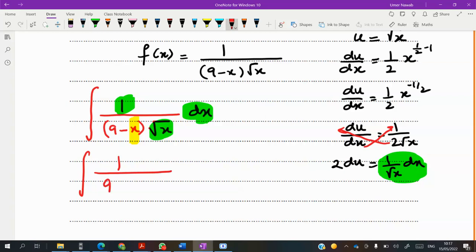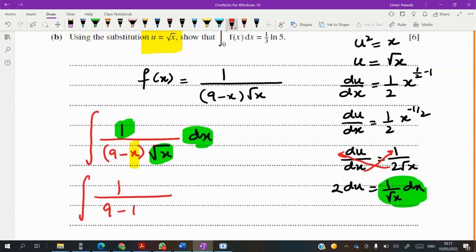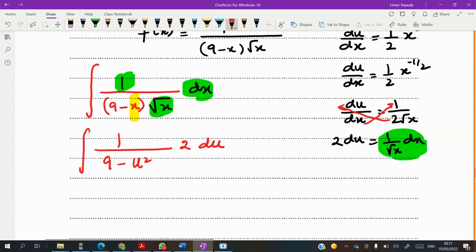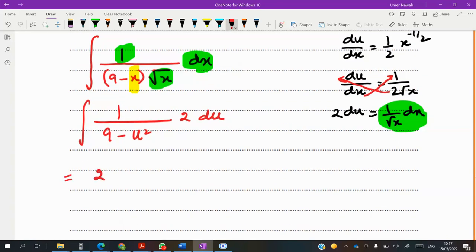1 over 9 minus u squared, and in place of 1 over square root of x dx, I will write 2 du. Now 2 goes outside.